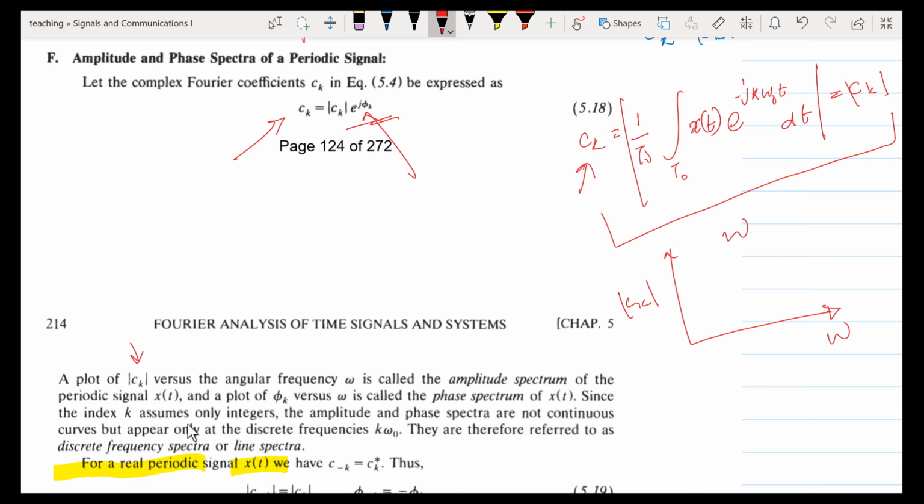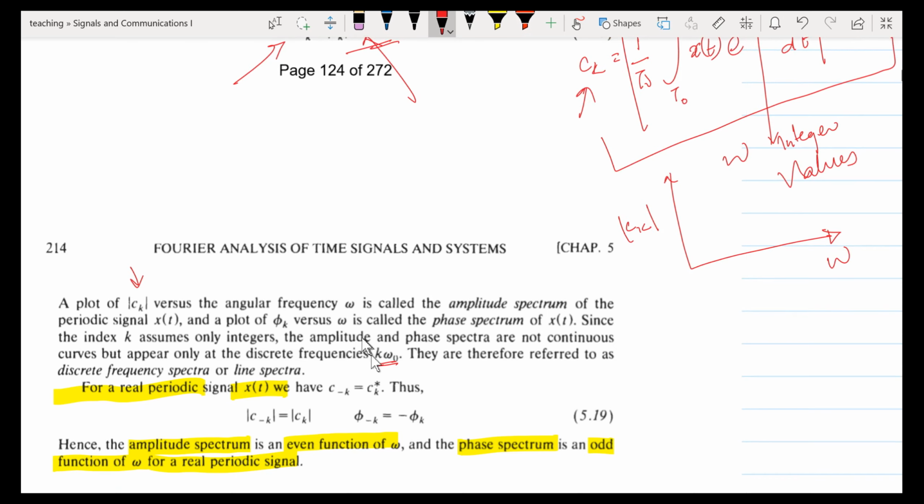Since k assumes only integer values, both the amplitude and the phase spectra are not continuous in frequency, and they will only appear at discrete frequencies k omega naught. Therefore, they are referred to as discrete frequency spectra or line spectra.